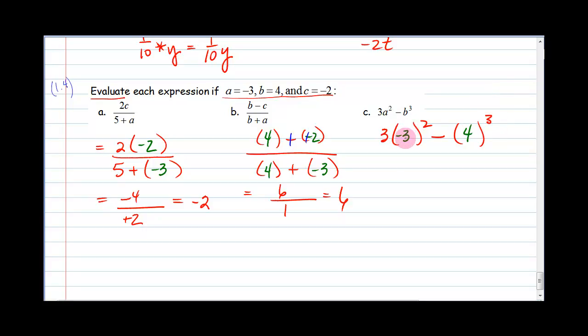So I'm going to say 3 times, what is negative 3 squared? That's positive 9. Minus 4 cubed is actually 64. So I have 27 minus 64. So I have negative 37.